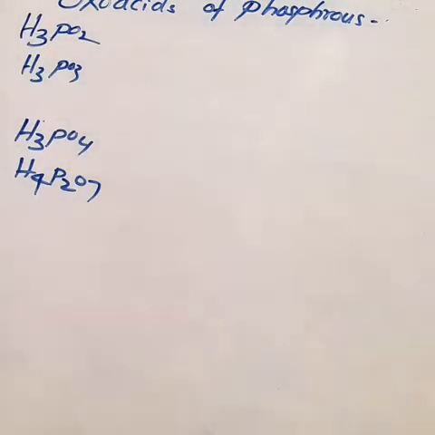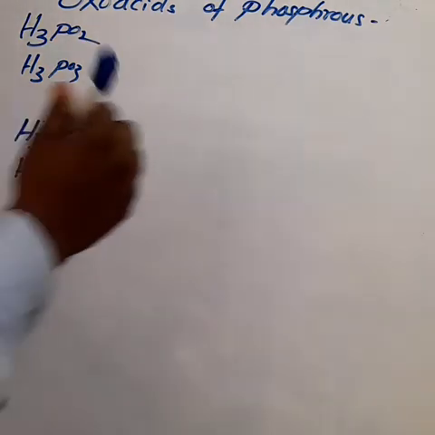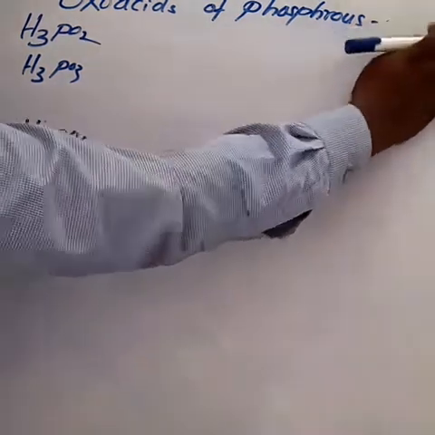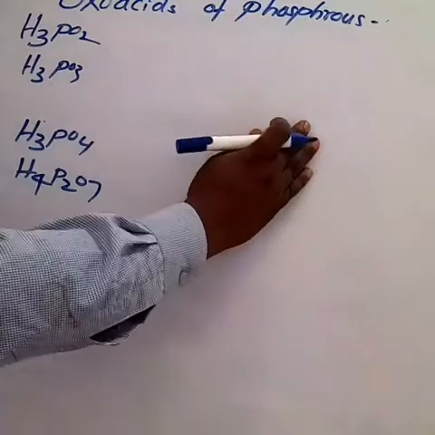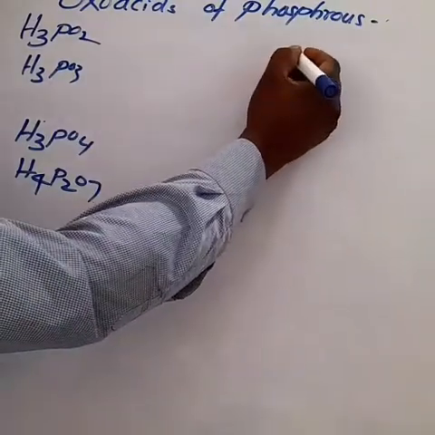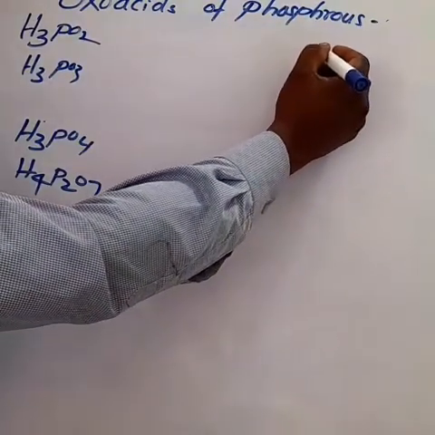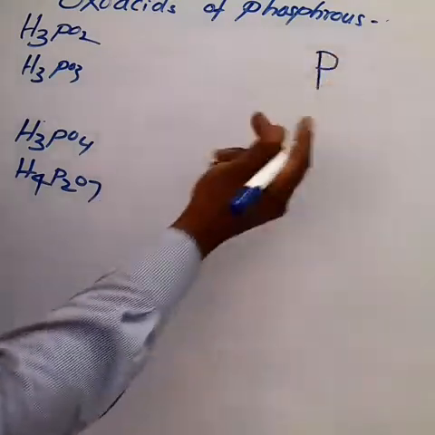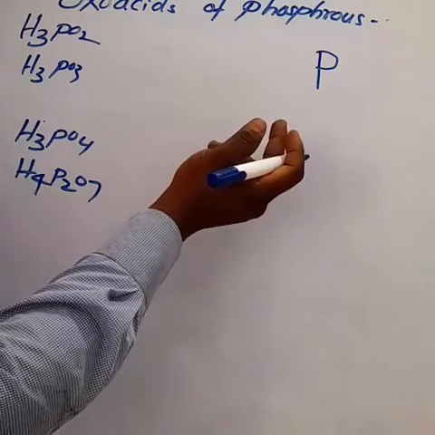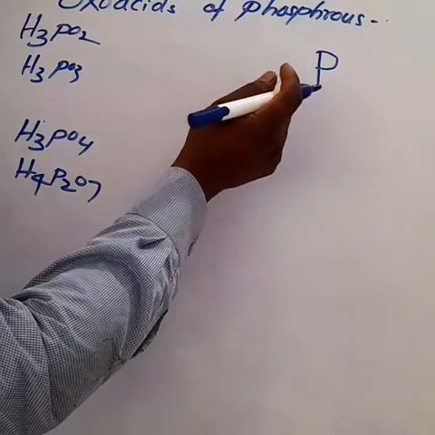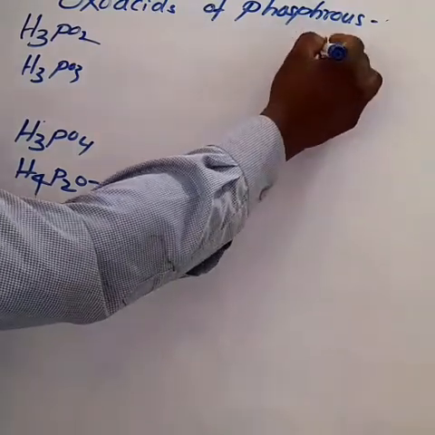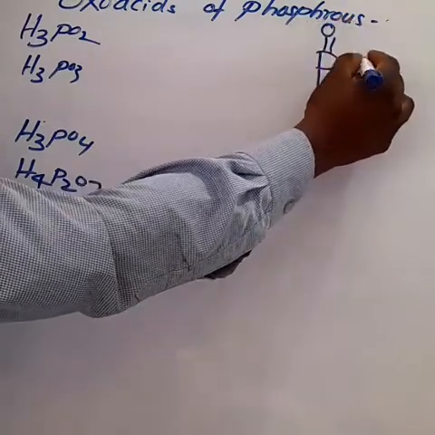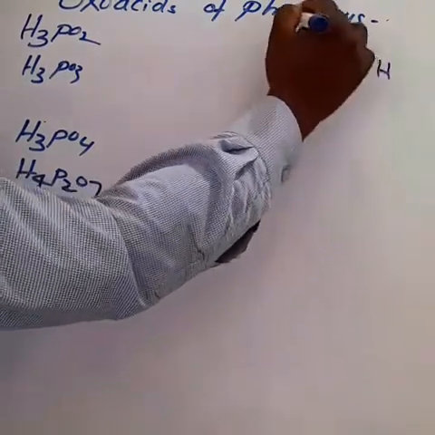Before that, the oxoacids of phosphorus have some common arrangement in their structures. That is, some elements have to be arranged in such a way. I am giving P double bond O, OH. This is common for all structures.